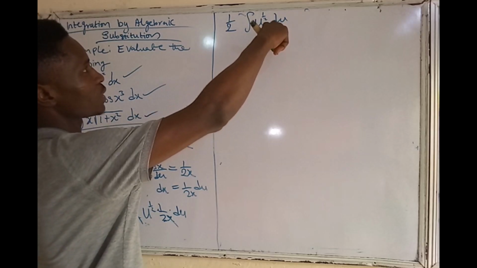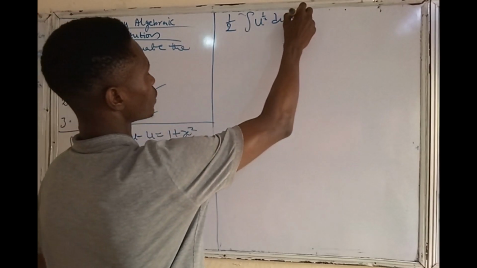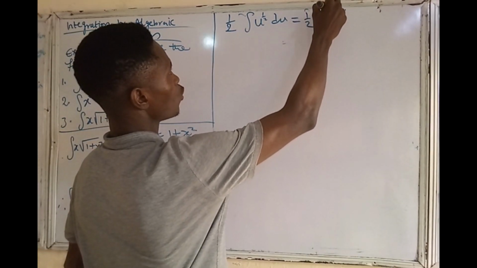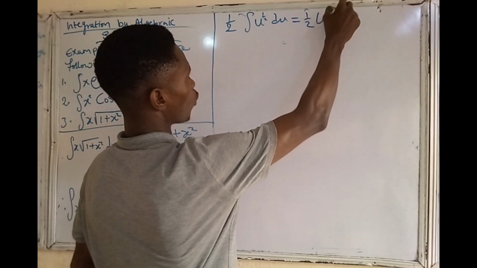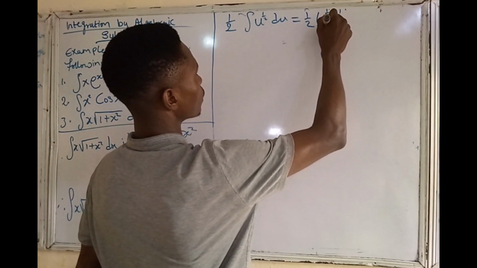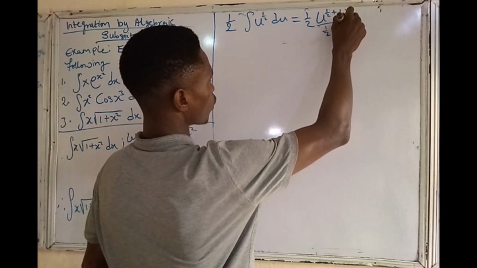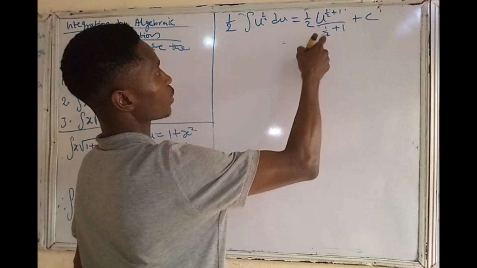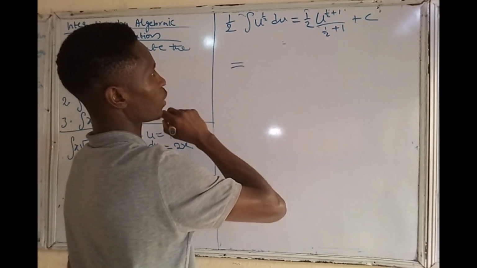So how do we solve this? The normal way of integrating. So this is going to be half u power half plus 1 all over half plus 1, plus c. So here we just need a little bit of arithmetic to solve.